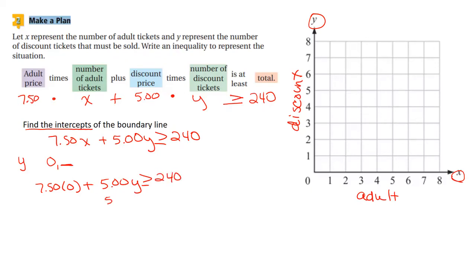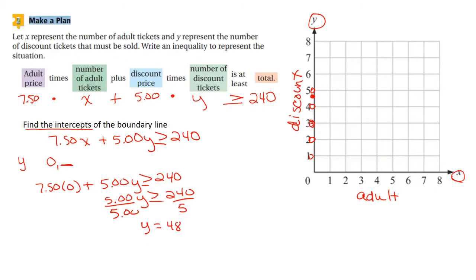So that's $5y greater than or equal to 240. Let's divide by $5 on both sides. And when we do that, we get y equals 48. All right, so our y is 48. Let's just put these as 10, 20, 30, 40, 50. So we're going to put our point here, y equals 48.